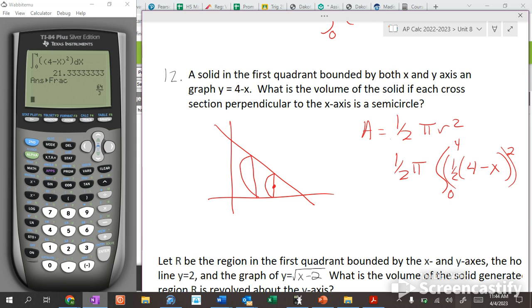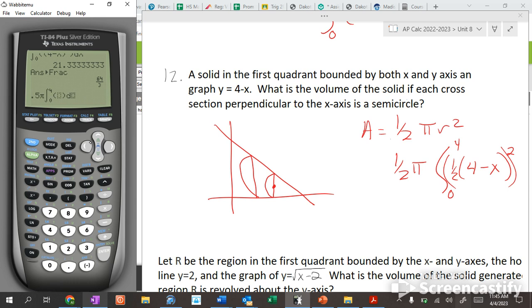So math 9, and then we're going to go from 0 to 4. And then I'm going to go up front. Can I go up front and go second insert? 1/2, and then pi in front. There we go.